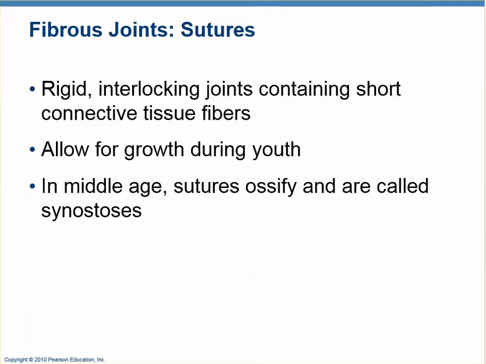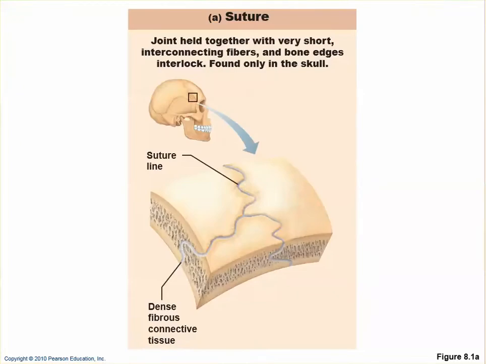And as long as there's a little bit of movement in there and a little longer connective tissues, growth can happen, and they're called sutures. When the sutures will eventually ossify, and then they'll be called synostoses. They look like this. It goes bone, connective tissue, bone.